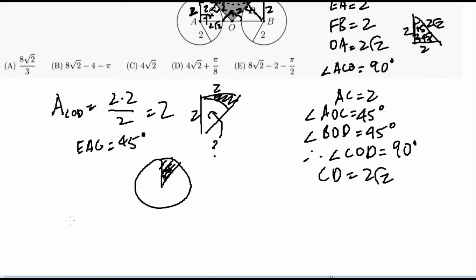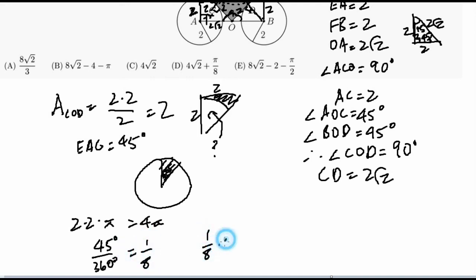The entire circle is pi r squared, 2 squared times pi, which equals 4 pi. And this small sector, since it's 45 degrees, you divide 45 degrees by 360 degrees, which equals 1/8. 1/8 times 4 pi equals pi over 2. So the area of this sector is pi over 2.